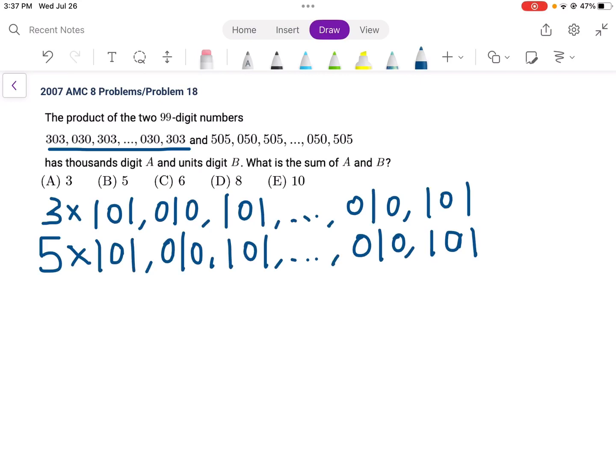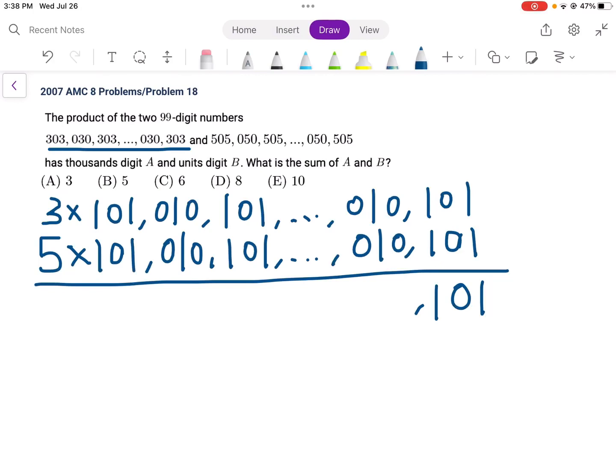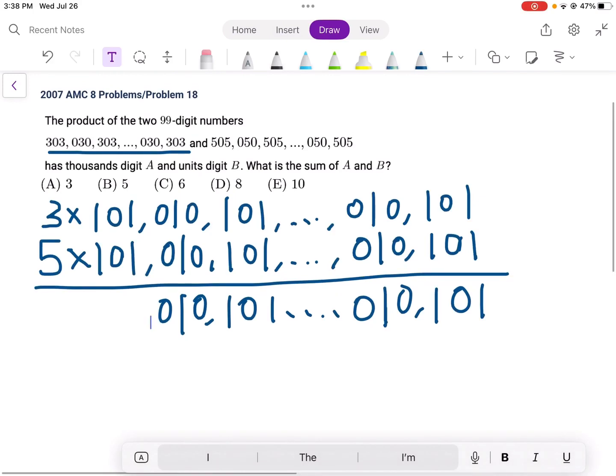So the second number in the two multiplications are the same. Therefore, we can first do the multiplication of the second number, which will be, first one is 1 multiply 1, that's 1, and then 1 multiply 0, 0. So it's the same as the second number in the first multiplication.